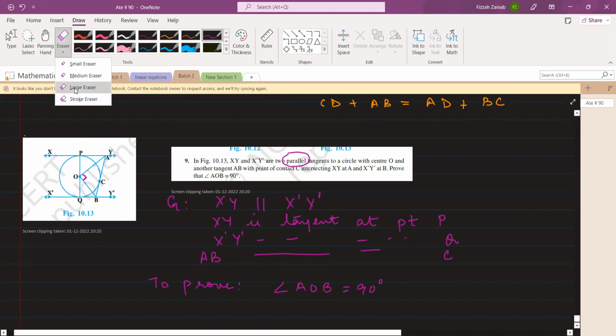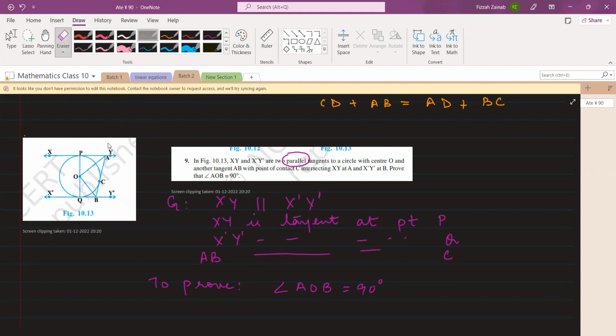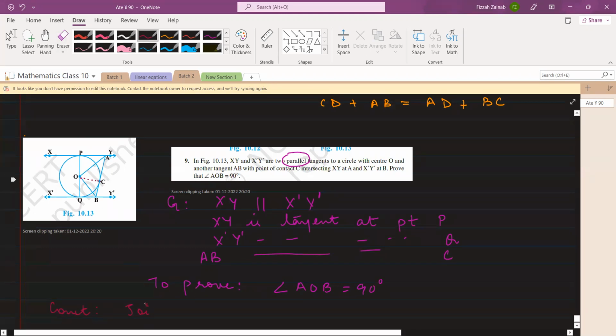Okay, so let us do one construction here. I join this, OC. So construction is join OC.